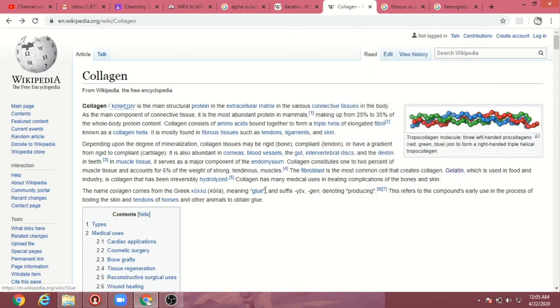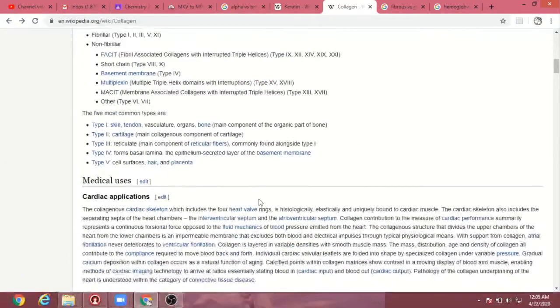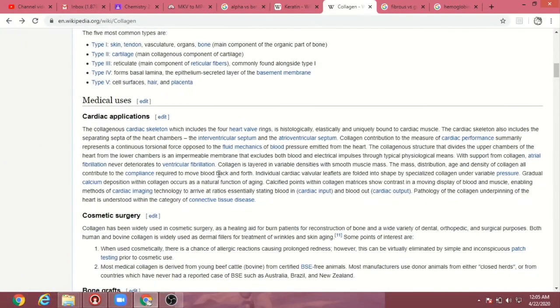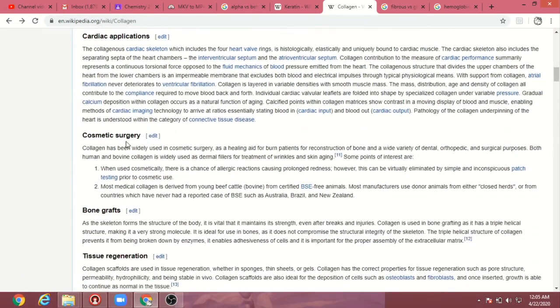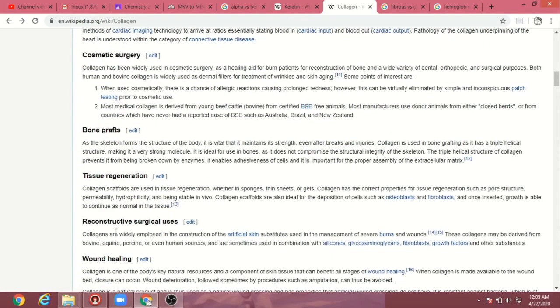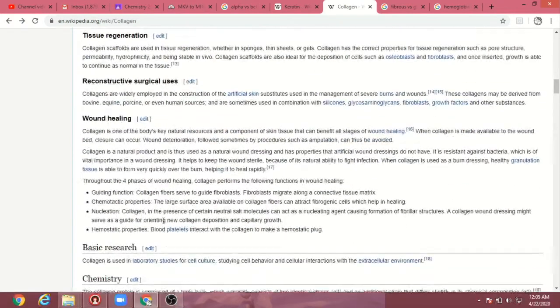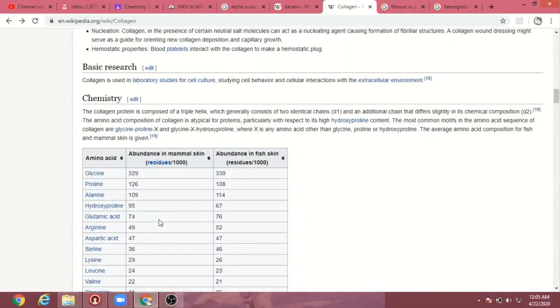In fact, they even made glue from the tendons of horses back in the day, I guess. So you learn a lot on Wikipedia. You really do. I think it's better than the textbook. I was reading about how they use collagen in cosmetic surgery, bone grafts, and tissue regeneration, reconstructive surgical uses. Collagen's pretty awesome.